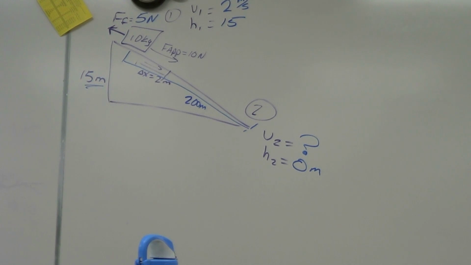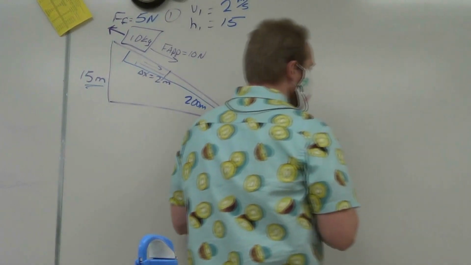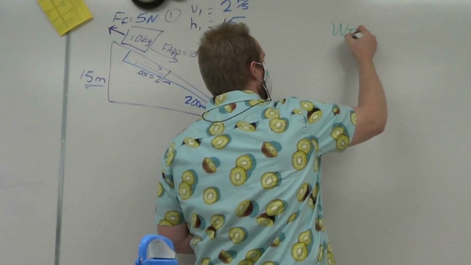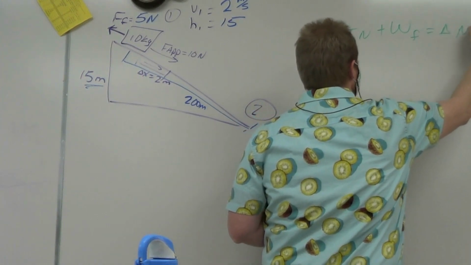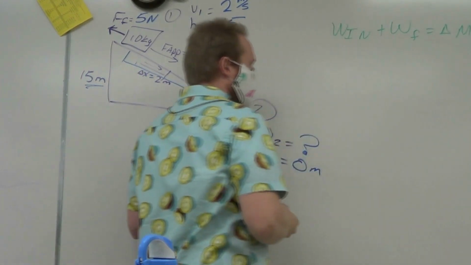And I'm giving you the hypotenuse of this triangle, or the distance that the kid's going to slide down, and we're going to say that's 200 meters. So because it's a 2-location problem, work in plus work done by friction is equal to change in mechanical energy.